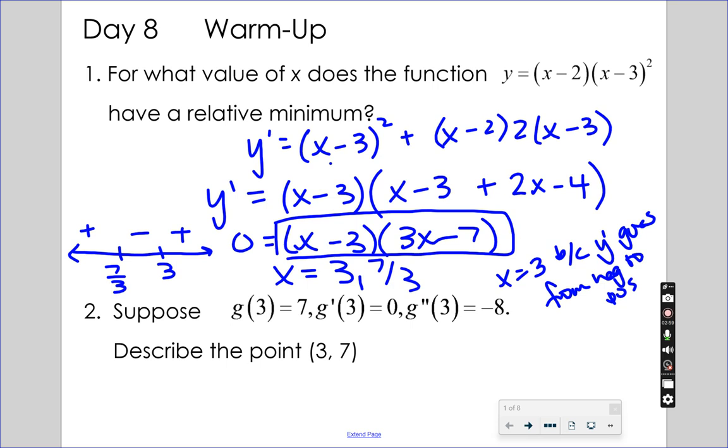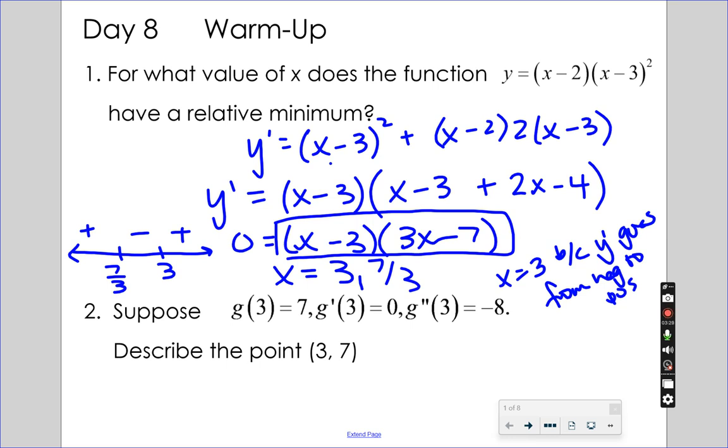All right, question number 2. Suppose g of 3 equals 7, g prime of 3 equals 0, g double prime of 3 equals negative 8. Describe the point (3, 7). What's happening there? This g prime of 3 equals 0 tells me it's one of these two situations.